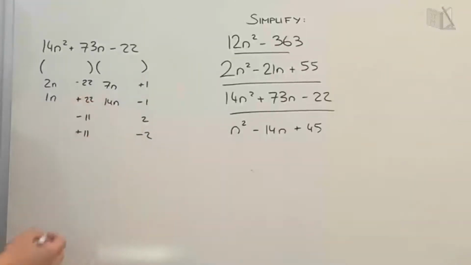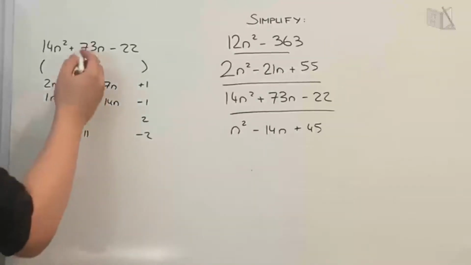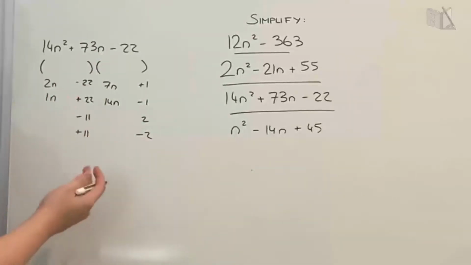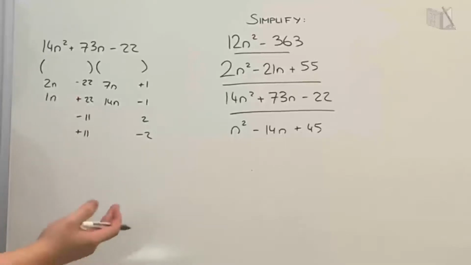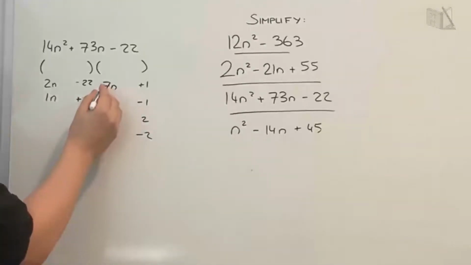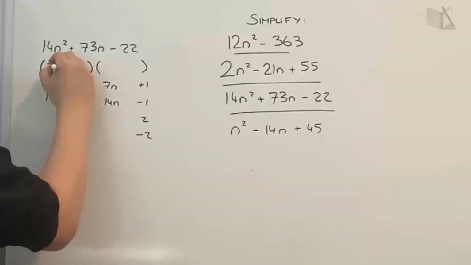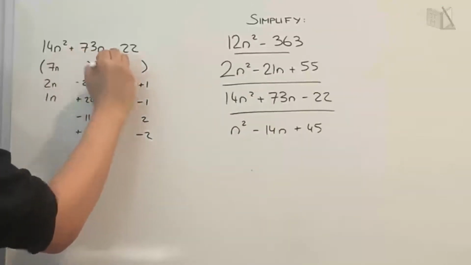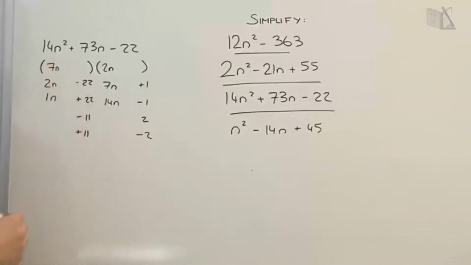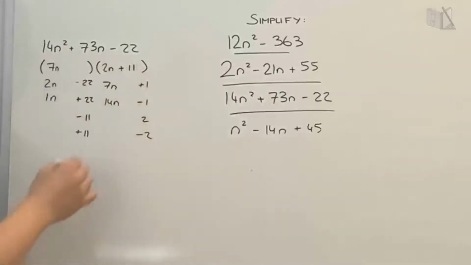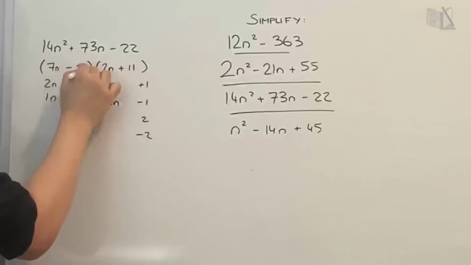Now you can go ahead and play with these numbers. When I see this plus 73, I'm thinking that if I want to get to plus 73n by adding two of these numbers together, then one of them must be relatively large. For example, 7n and plus 11 would give me 77n, so that sounds plausible. So let's try 7n here and 2n here. I want the 7 to multiply with plus 11, so I'm going to put the plus 11 on this side because you would cross-multiply over, and then this would have to be minus 2.